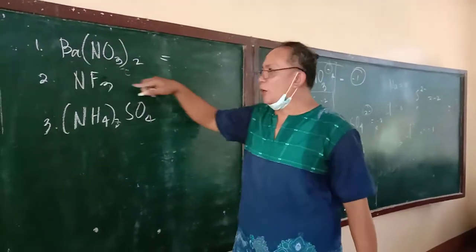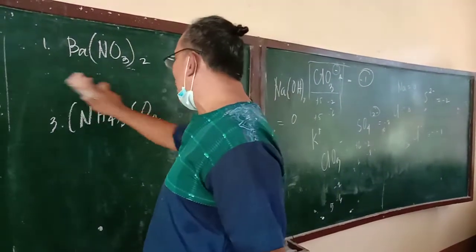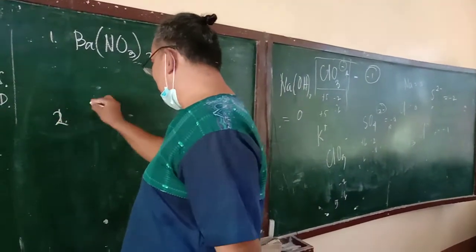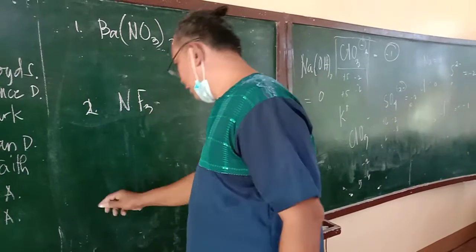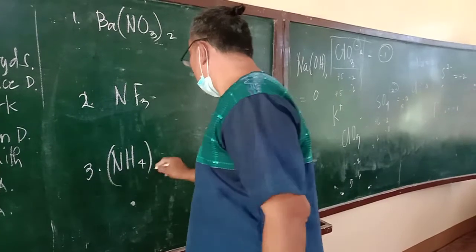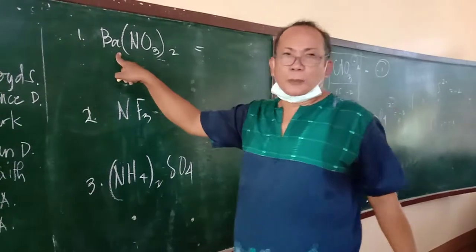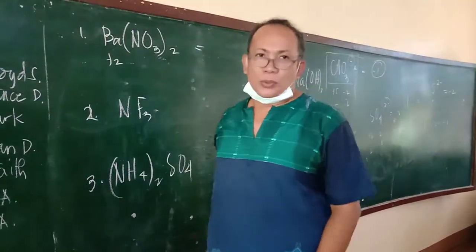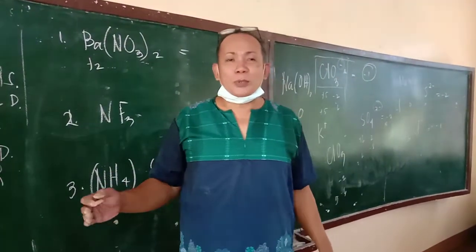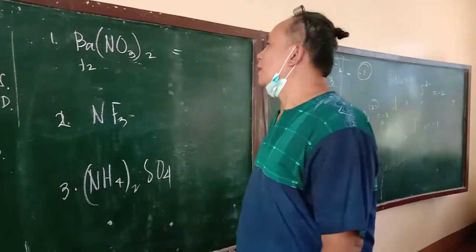In the case of barium, write it in your worksheet below. Barium belongs to group 2A, so it has positive 2. Because it belongs to group 2A, the oxidation number of barium is positive 2.